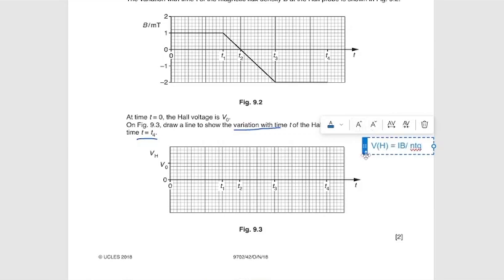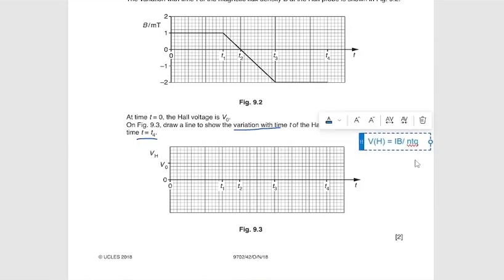Okay, so now that we have this formula, I B over N t Q, I can see that B against t is not giving me hall voltage. However, we can consider these three as constant, because we know the number density is constant since they haven't even talked about it. Thickness remains constant because we're using the same solenoid, and we have the same Q and the same current as well.